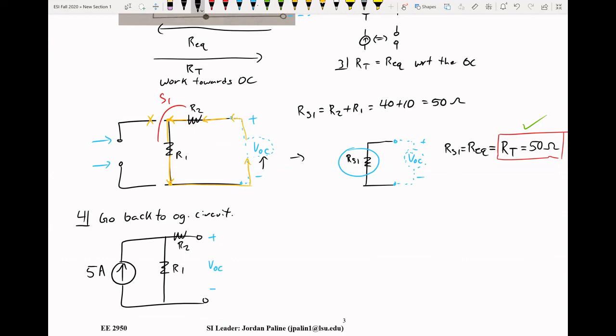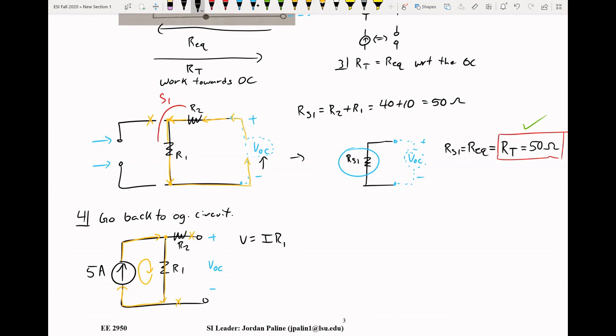So let's look at what the current does. Here, the current will come this way, hit this junction, see it can't go down the open branch, so it'll come through here, can't go down this open branch, and then travels up that way and just creates a loop. So we can use V equals IR to find the voltage across R1.